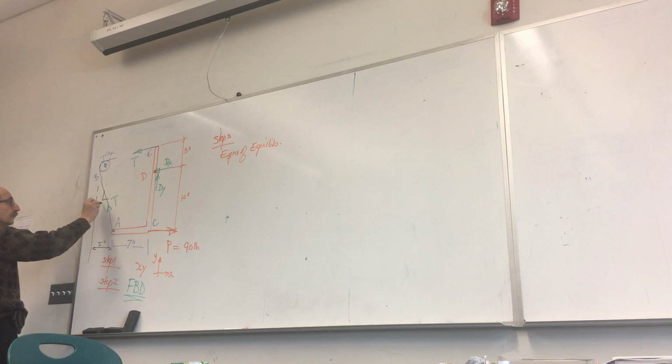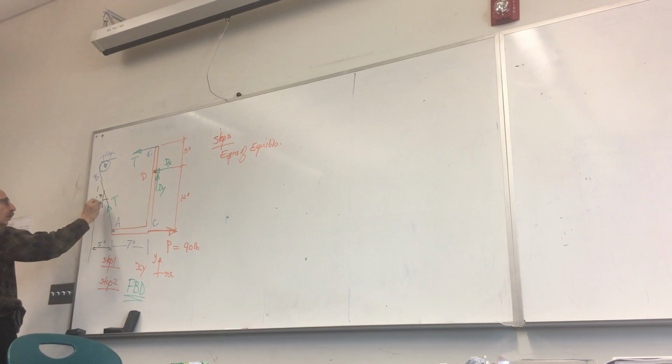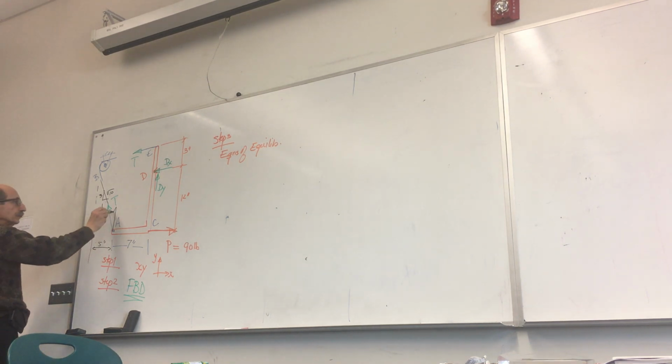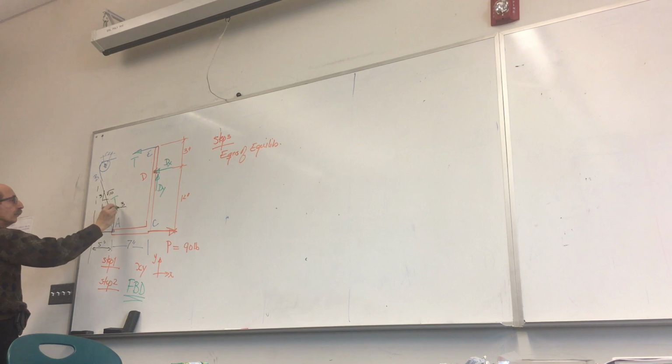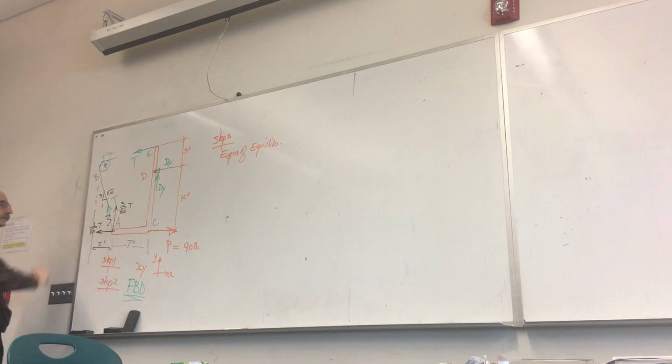So this would be 5, 15, or 3, 1, square root 10. That's the slope. So you resolve this into its components. This component would be 3 over square root 10 T, and this would be 1 over square root 10 T.